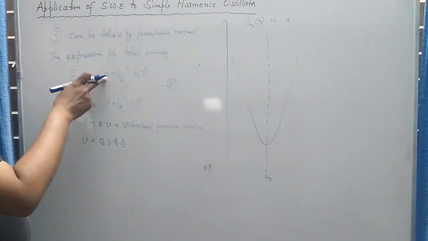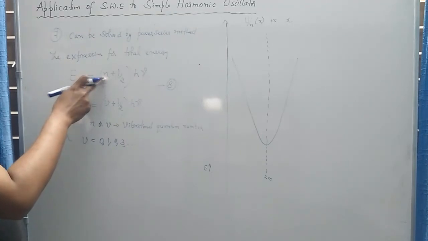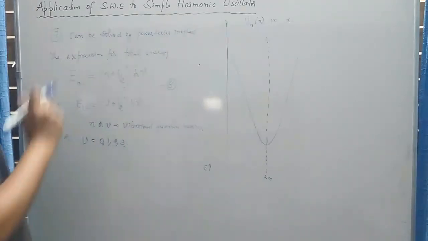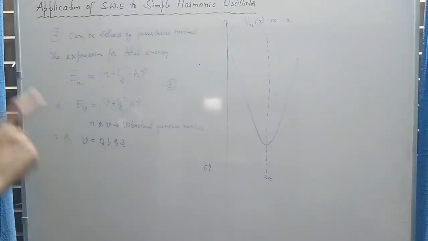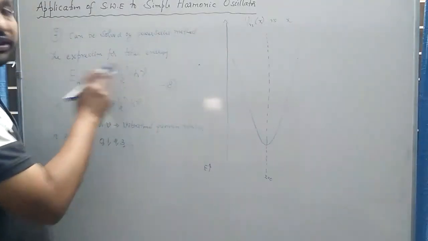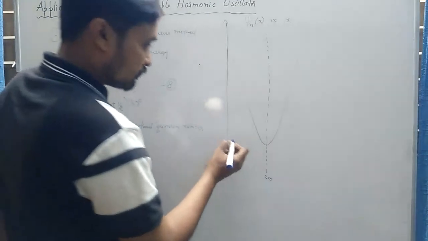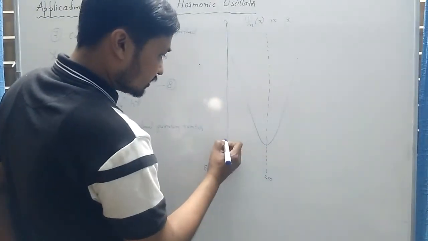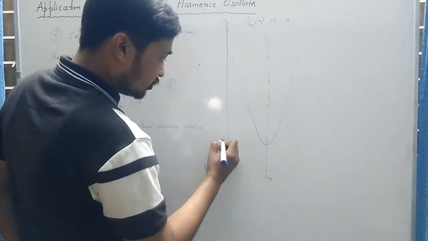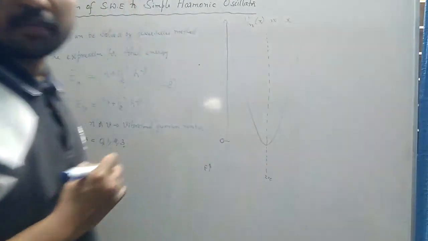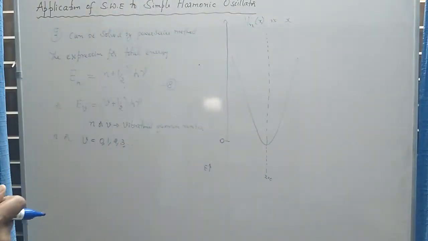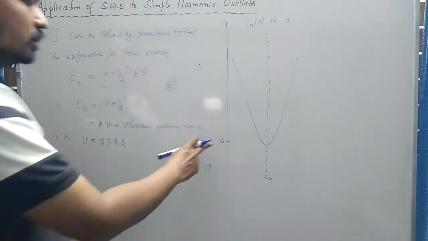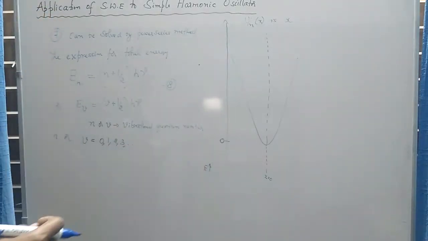So if I substitute the lowest value of n, that is 0, the lowest energy is half h nu. So remember, the lowest energy is not 0 here. If I consider this as 0 of energy, the particle will never have 0 energy. With respect to vibrational motion, the vibrational energy cannot be equal to 0.